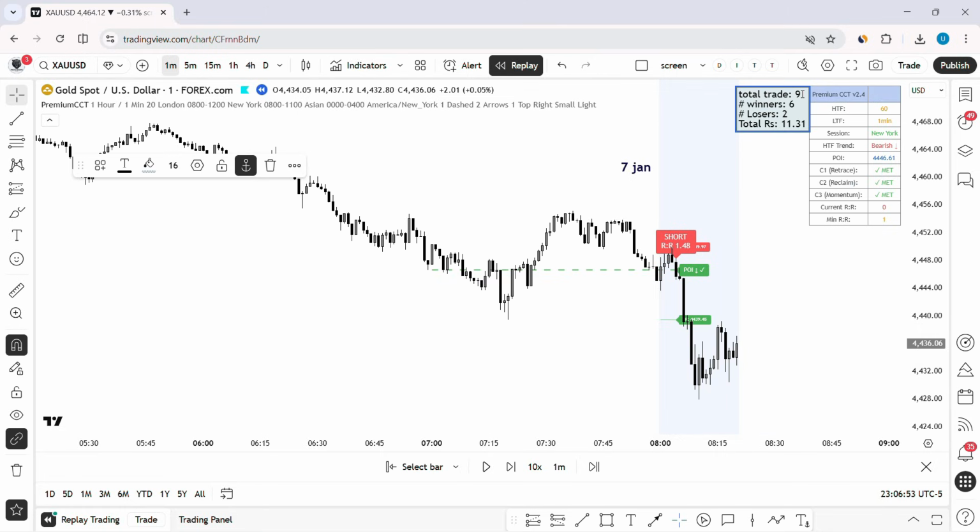So we have a total of 9 trades with 7 wins, and we have to calculate the risk to reward.